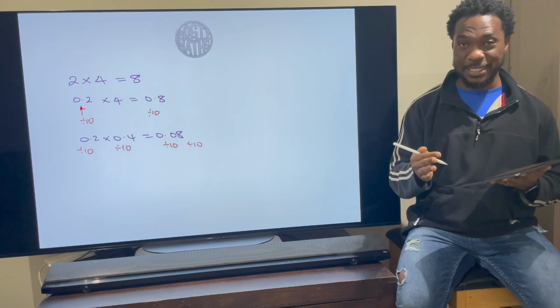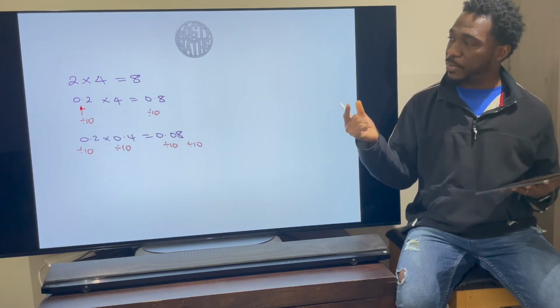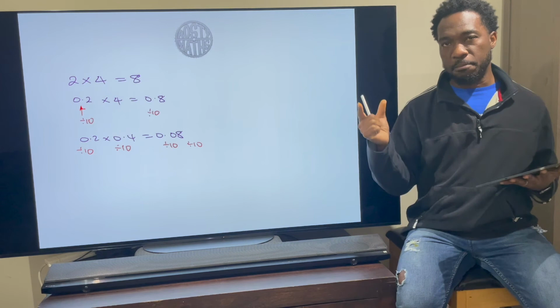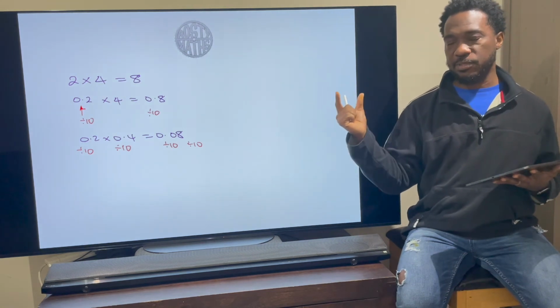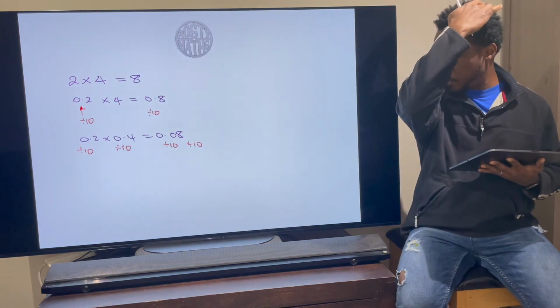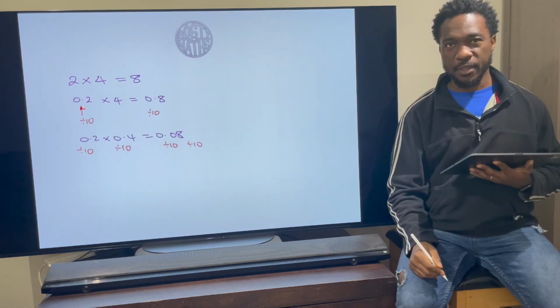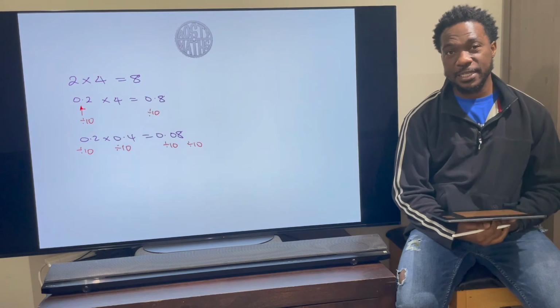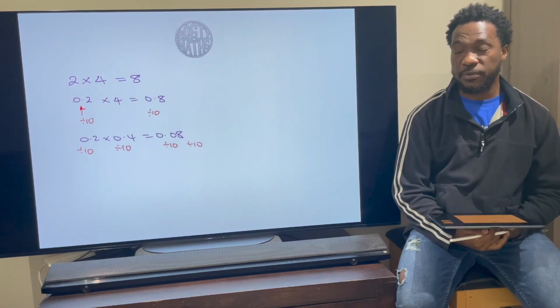I need to divide it by 10, then divide it by 10 again. And then when I do that, my numbers move along the place value scale 2 times this way to therefore give me 0.08. All right, so that's basically it, guys, and that concludes our first lesson on times tables.